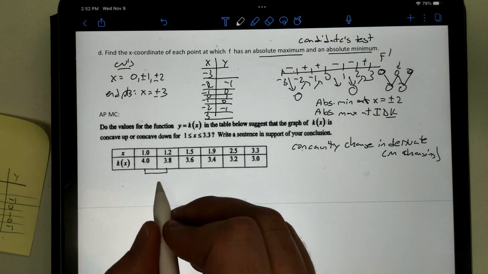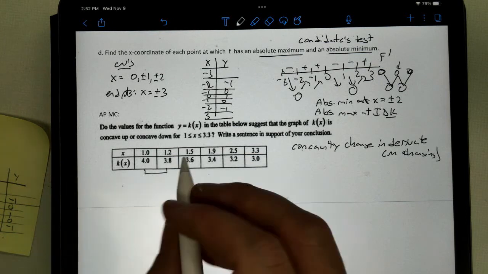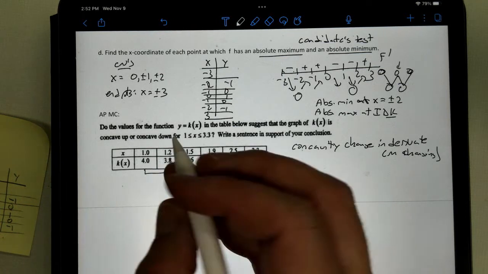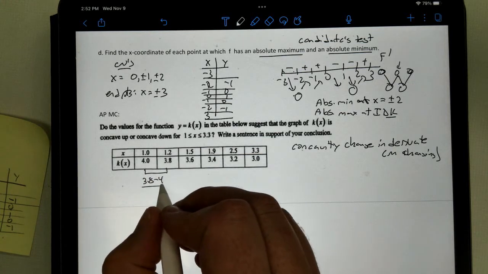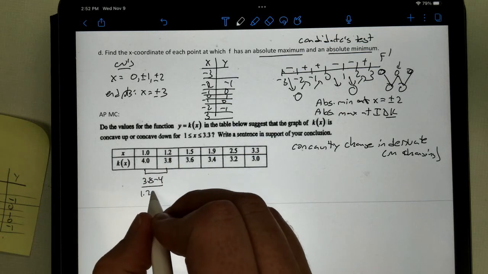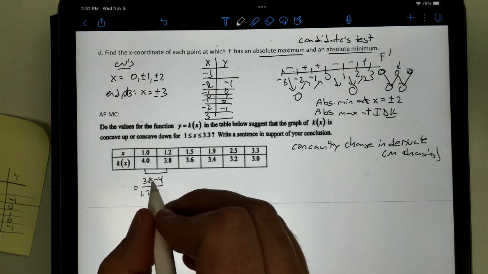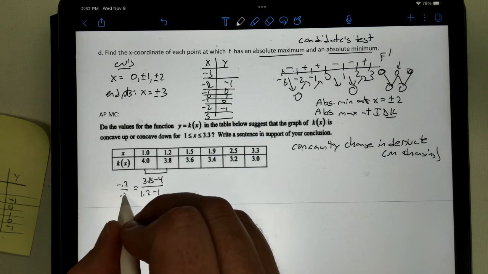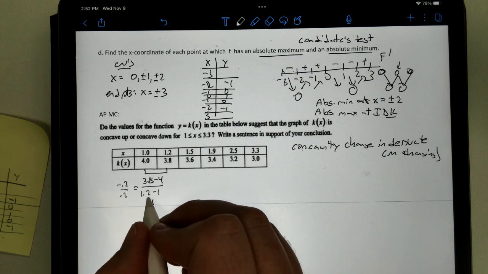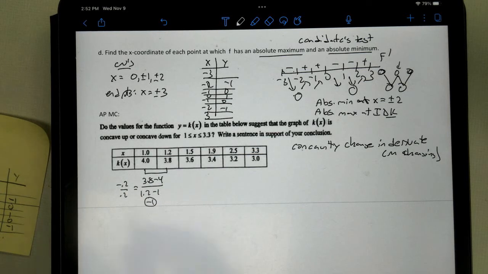If I find the slope between these 2 points, that's just my average rate of change. I would do 3.8 minus 4 over 1.2 minus 1. If I simplify that, I would get negative 0.2 over 0.2, which is negative 1. That has a slope of negative 1.